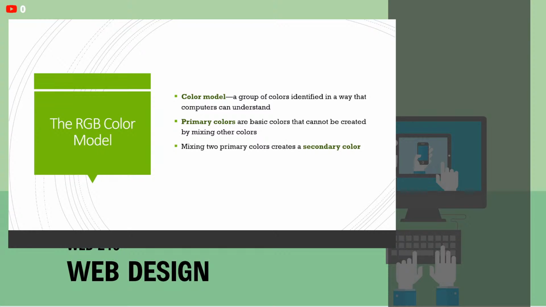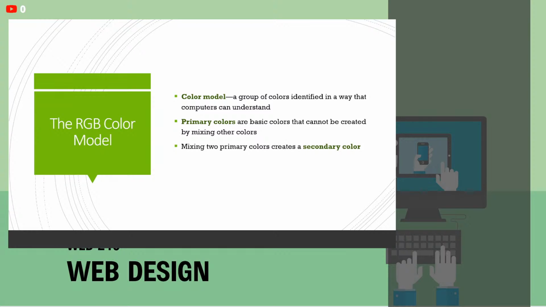We can mix blue and yellow to make green, red and blue to make purple, and red and yellow to make orange. And that is true when we're talking about paints and dyes and physical media.